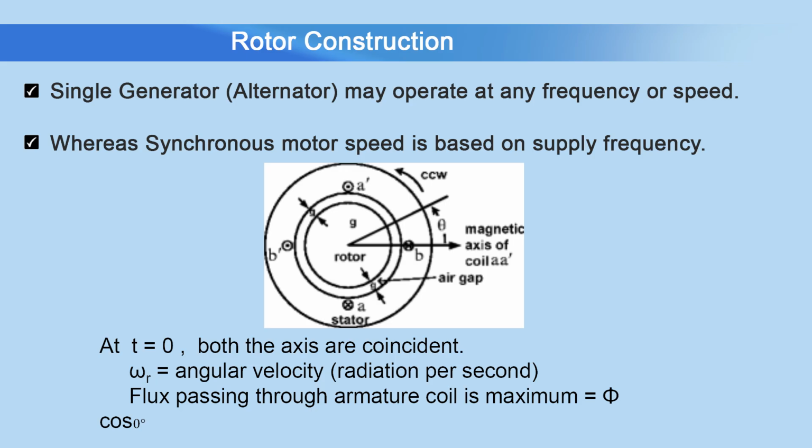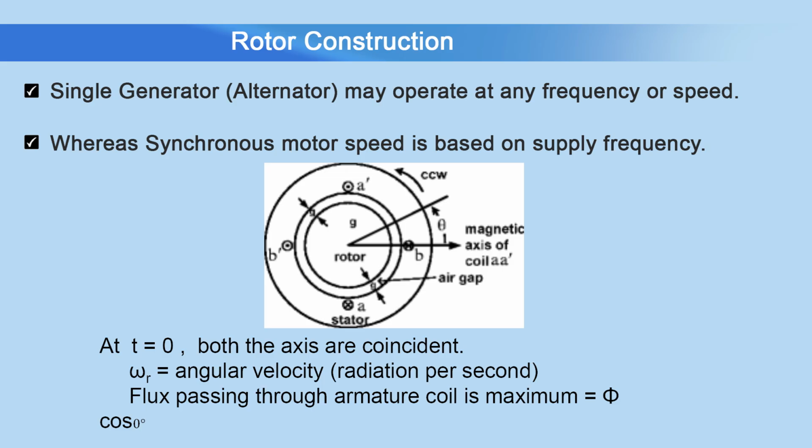Suppose we are having the outer part, we are placing one coil A and A dash, the armature coil. If one coil is placed on the armature as shown in the figure, you will see the field is passing axis of stator. Now, the rotor inside it is rotating, so it may take any position.